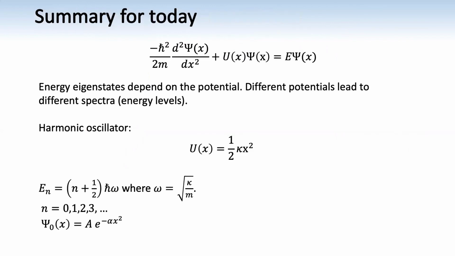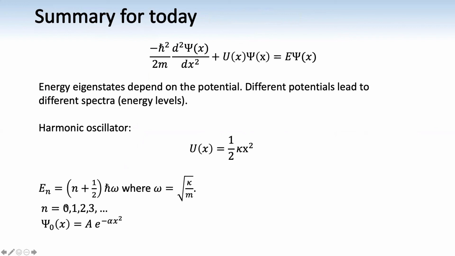Okay, so this is the summary of what we have been talking about. The Schrödinger equation is given by this. U of x is the harmonic oscillator potential, which is kind of the potential of a spring. And the energy levels are given by this.